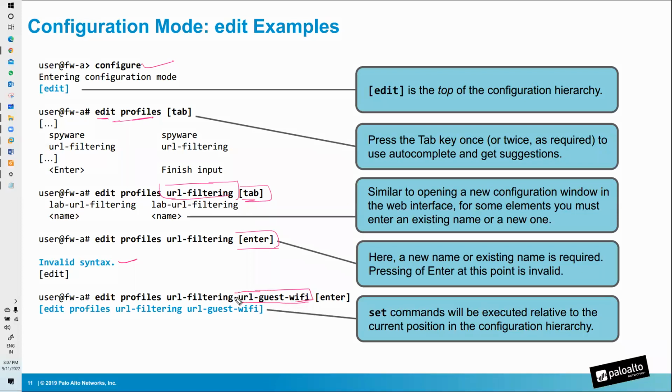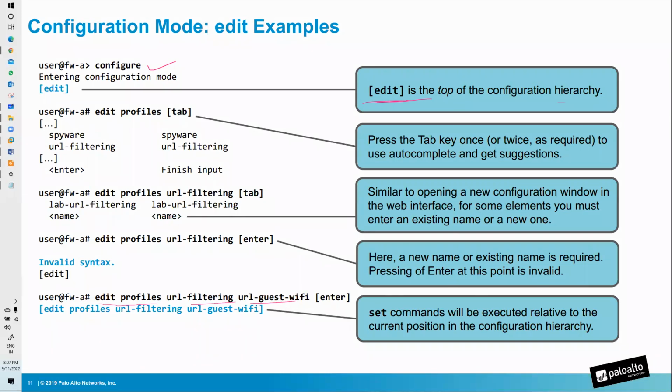This is our URL filtering profile name. Edit is the top of the configuration hierarchy. Press the tab key. So guys, I don't think I need to explain this because it is already clear to you. Go to configure mode, type this complete command, edit profile URL filtering, and then the URL filtering profile name, that already exists on your firewall.